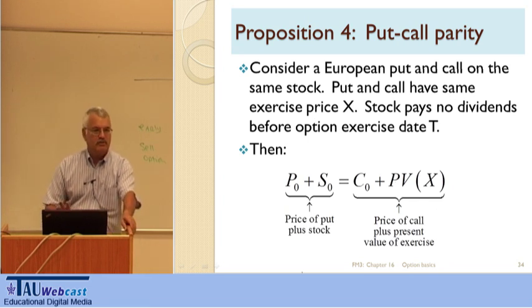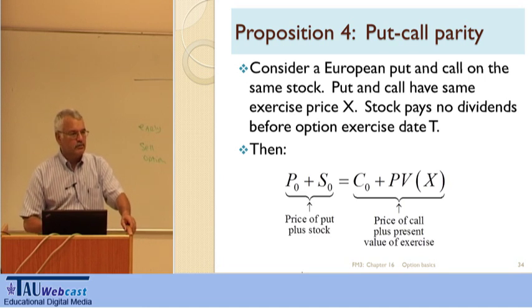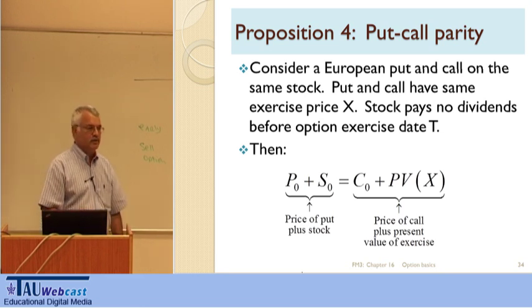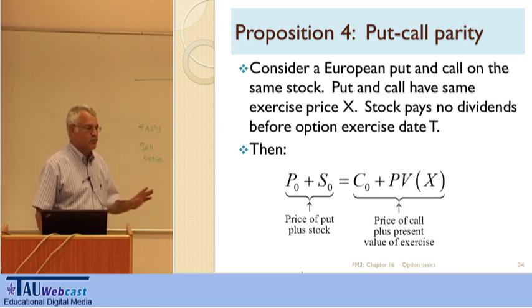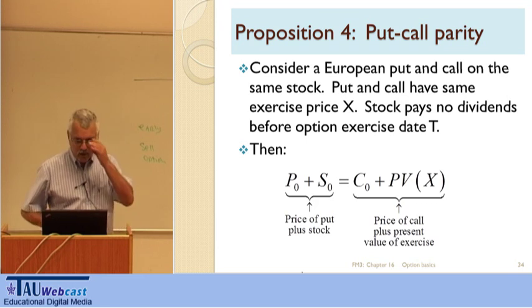It's not true necessarily for American options. But for European options, when there's no dividends on the stock before the exercise date, put-call parity is true. Okay, I'm not going to prove it, although the proof is fairly trivial.